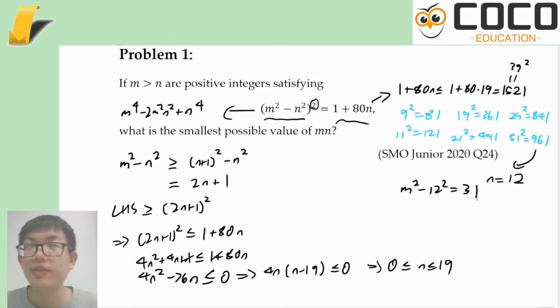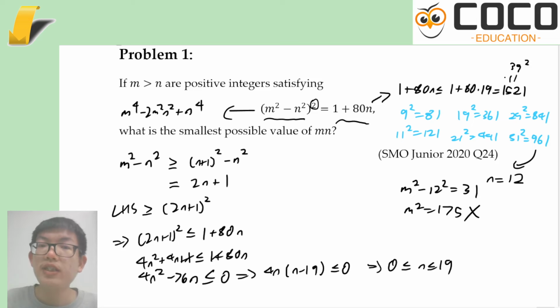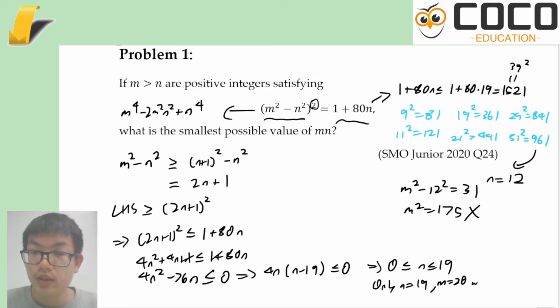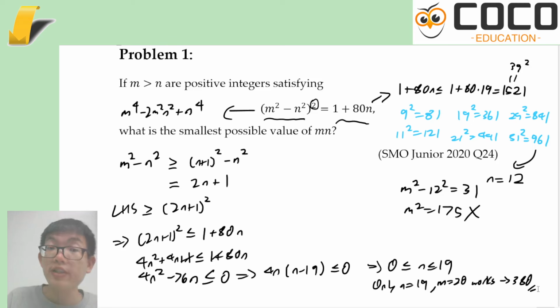Nah, that doesn't work. You can just get 175, that doesn't work. So it turns out that what we guessed at the start is right: only n equals 19 and then m equals 20 works. So the smallest possible value is 380. That's pretty hard for a junior round 1 question, wouldn't you think?